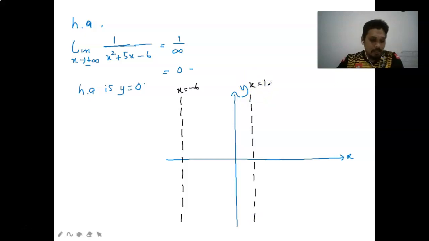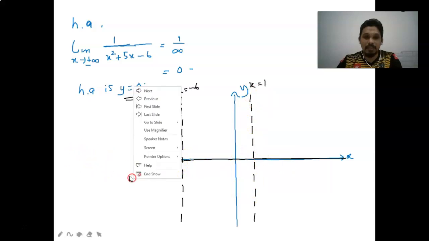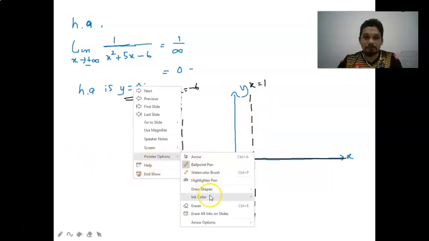And then the horizontal asymptote is here, y equals 0. Y equals 0 means there is a line along the x-axis. This is the vertical asymptote and this is the line of the horizontal asymptote. So let's sketch the graph now.